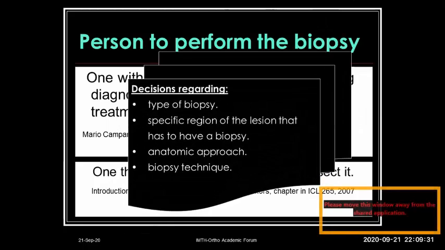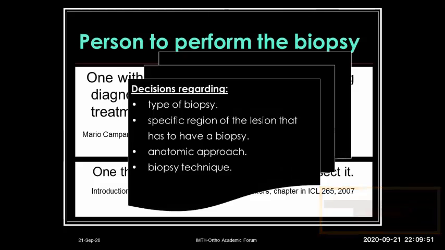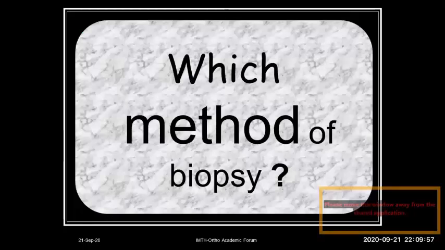The decision regarding the type of biopsy needs some experience, because you will build that decision after finishing all the images, and you will start to select the region of the lesion that has to be biopsied. And it depends on the anatomical approach and biopsy technique that you are going to use.